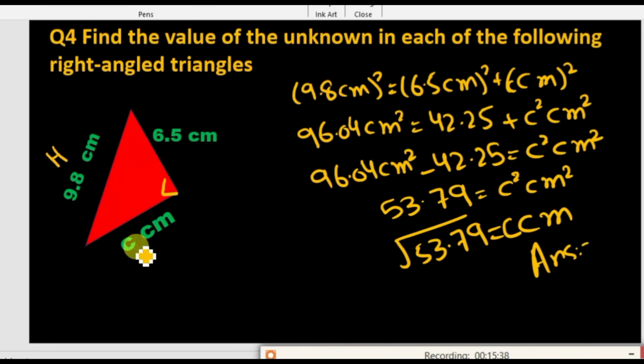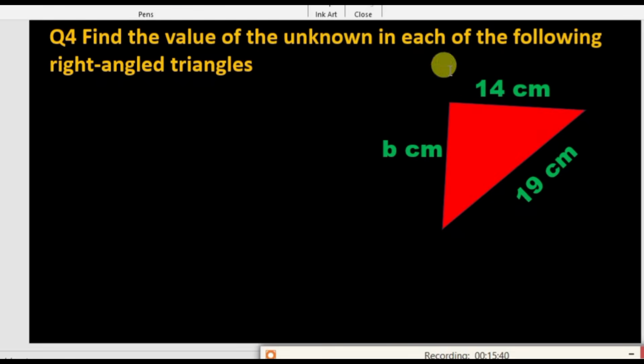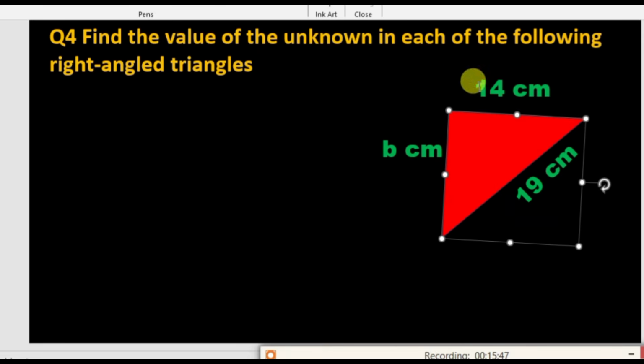Here is the C part; now the B part, which I missed. Find the value of b, with 14 centimeter, and here it is a 90 angle. This one is the 90 angle, and this one is the hypotenuse value. The hypotenuse value is equal to h square.